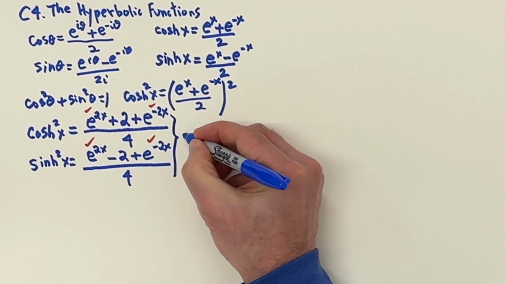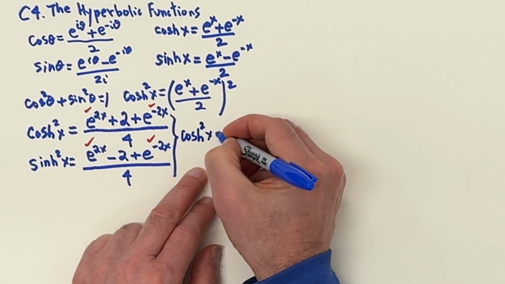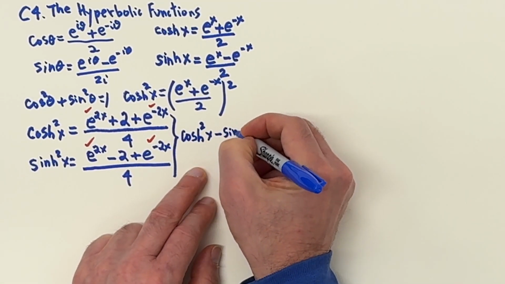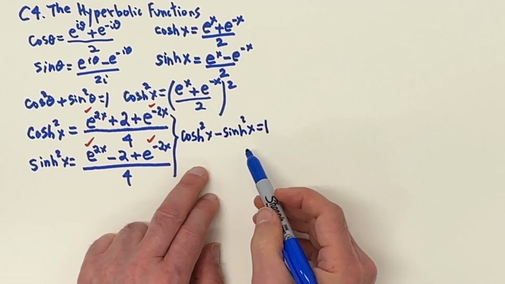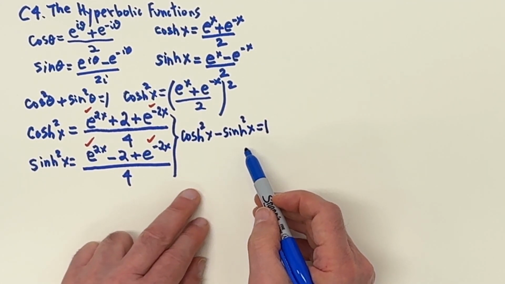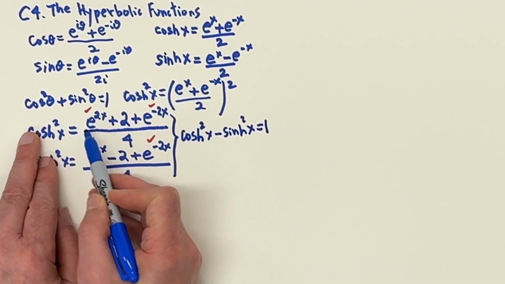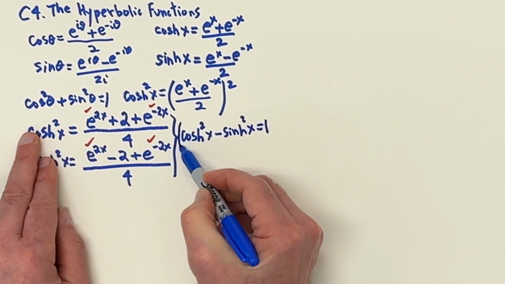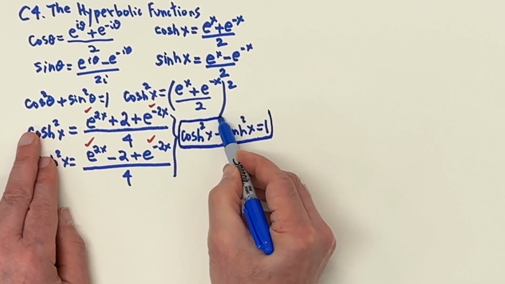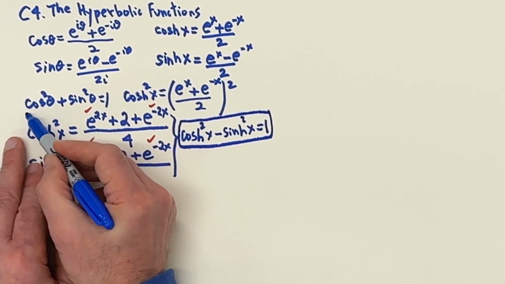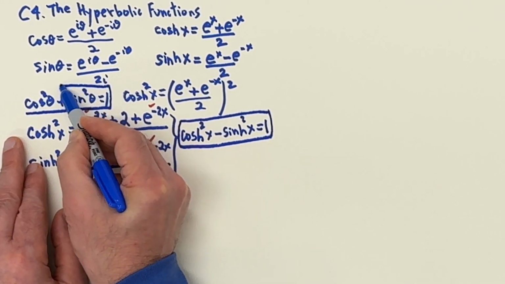So that's going to give us the cosh squared minus the sinh squared equals 1. And that's our analogous equation to the cosine squared of theta plus the sine squared of theta equals 1. This one right here, analogous to this equation.